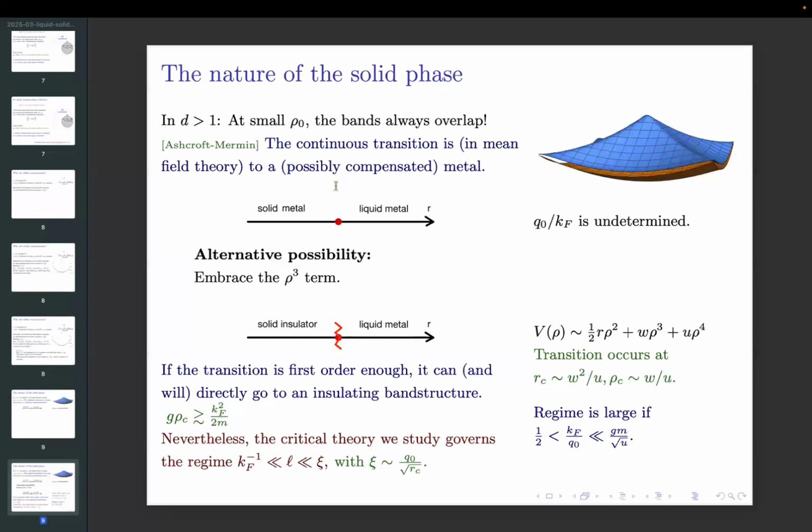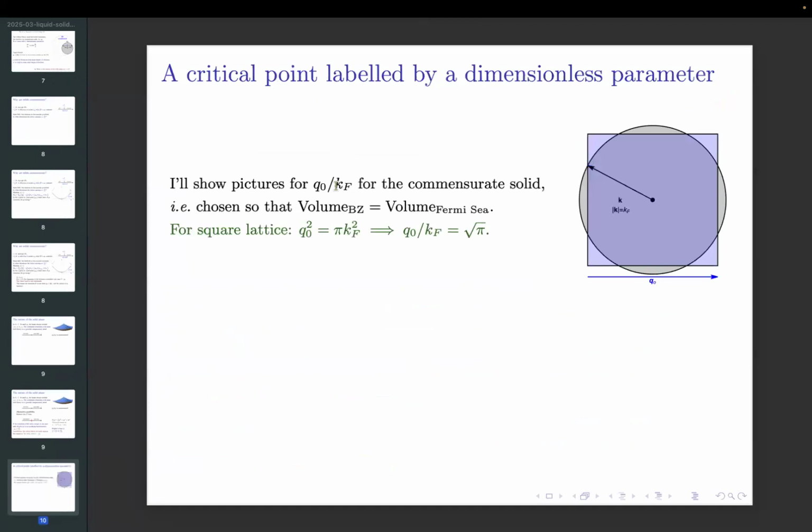Yeah, that's right. We actually did spend some time asking ourselves, we very badly wanted to go directly to an insulator. So we spent a long time trying to get around this conclusion, and I think it is actually pretty robust, unfortunately. Okay, so when I draw pictures, I'm going to choose the value of Q naught over Kf for the case where the solid is a square lattice, and where the lattice spacing is determined so that it's commensurate, so that you can form a band insulator at that lattice spacing.